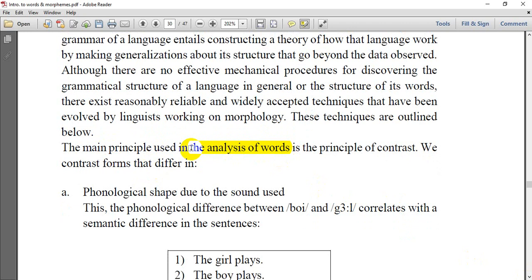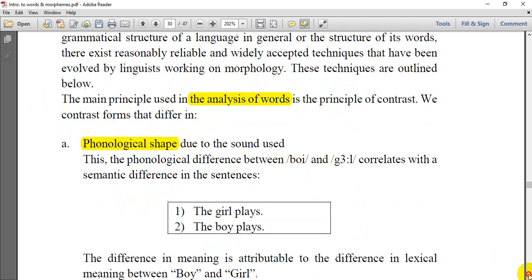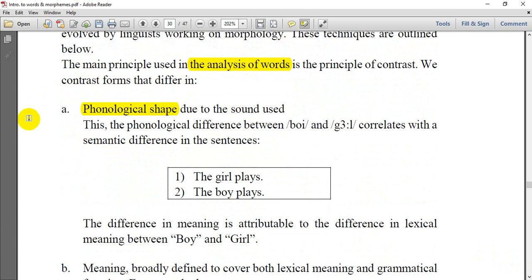The main principle used in the analysis of words is the principle of contrast, in which we contrast forms that differ in phonological shape and meaning. The first one, phonological shape, is due to the sounds used. Here we have an example: the girl plays, the boy plays.